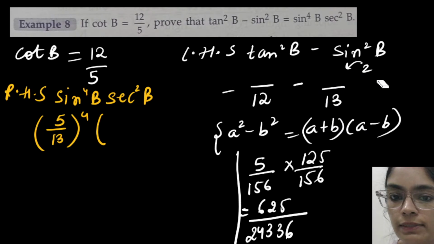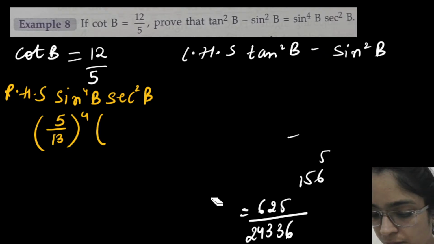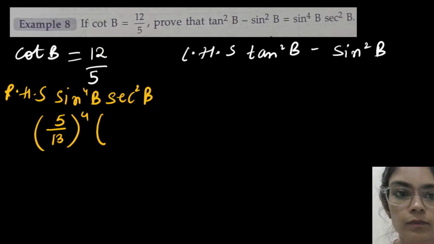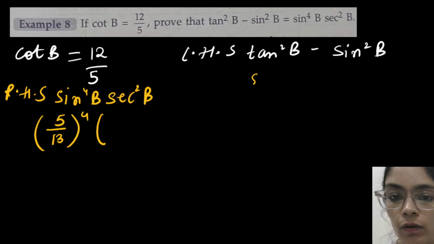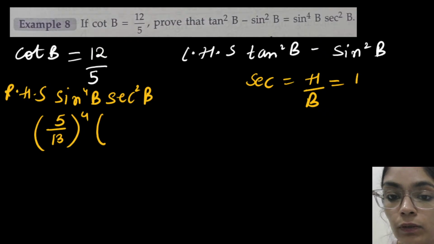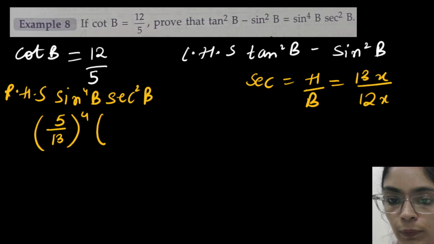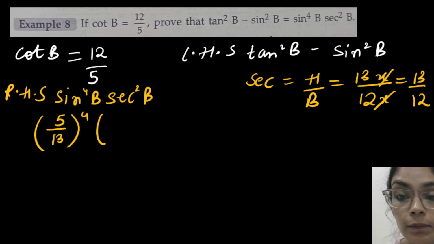What is the formula of secant? Secant is equals to hypotenuse by base. Yes. So hypotenuse we know it is 13x. Base is equals to 12x. So it will get cancelled. So 13 by 12. So we found the value of secant as 13 by 12.